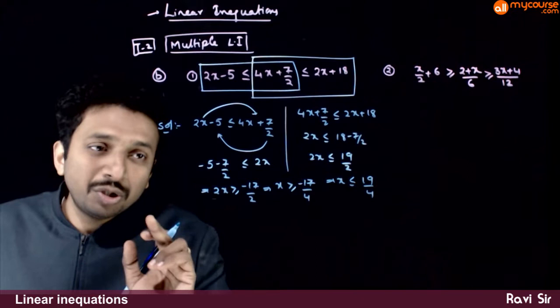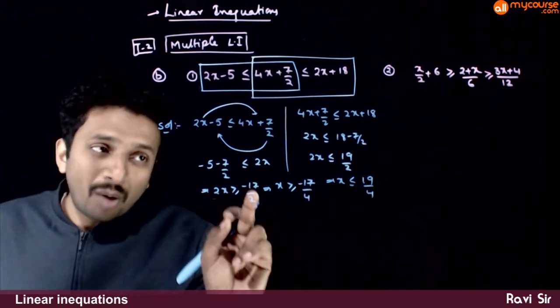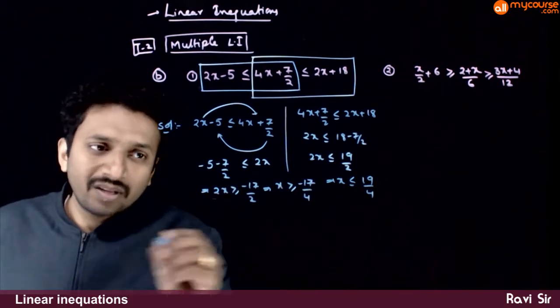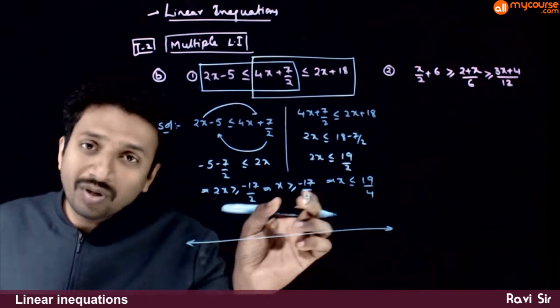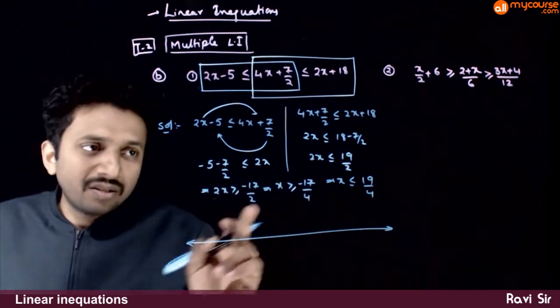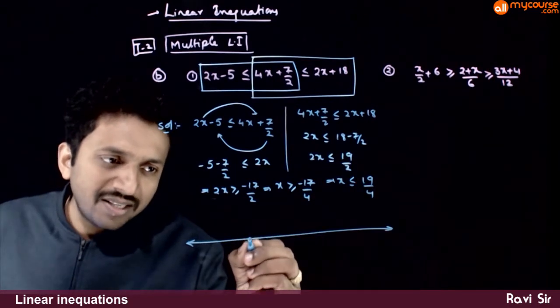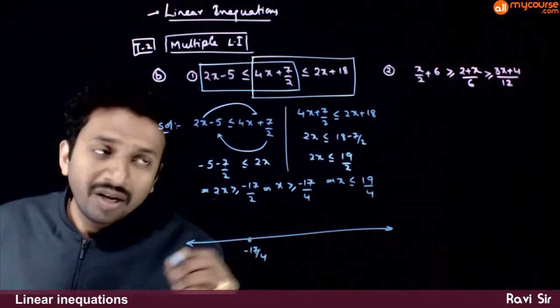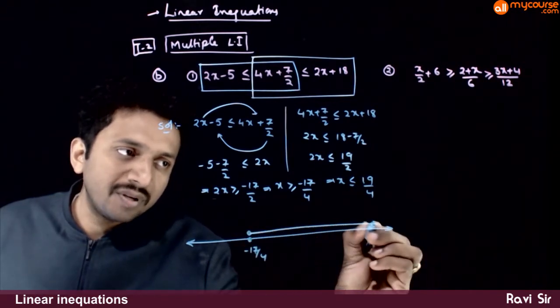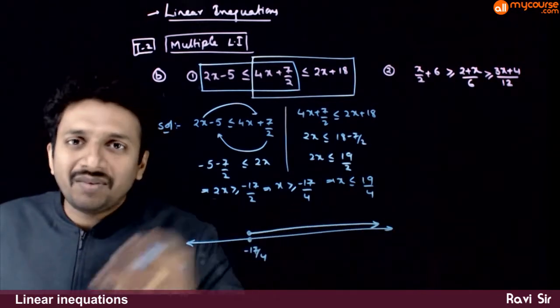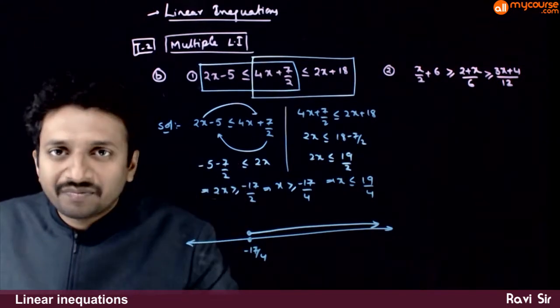That means my solution should be the common solution for this as well as this. So for the common solution, we plot both the solutions on a real number line. So the first solution is, let this number be minus 17 by 4. X is greater than or equal to minus 17 by 4.